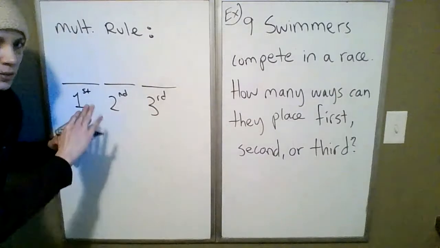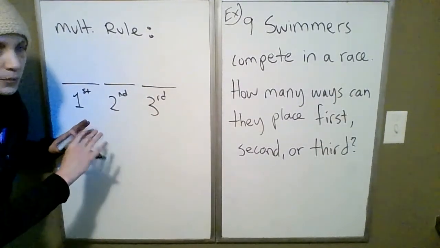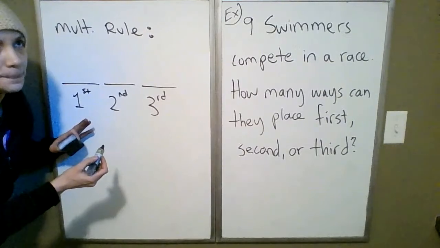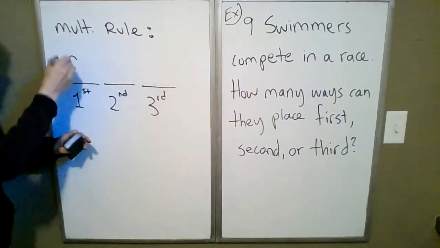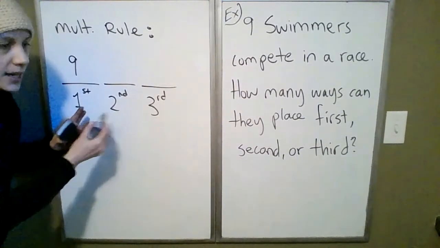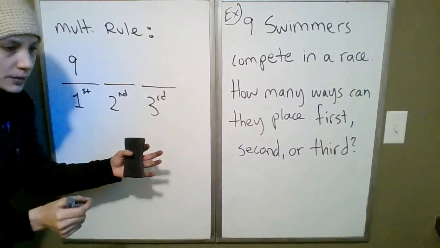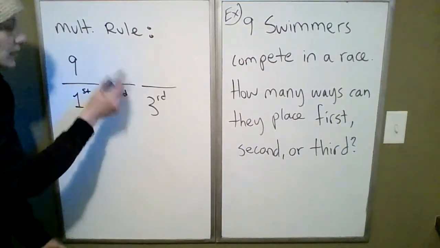So when the first person goes through the finish line or something like that, there's 9 options to start with. Now, one of those people has first place, and out of our group, we've taken that person out, and there's 8 people to choose from to give to second place.